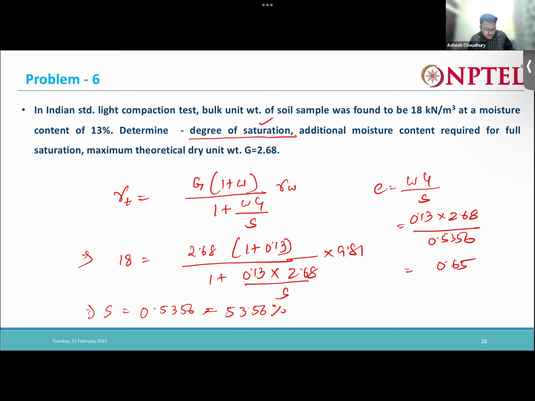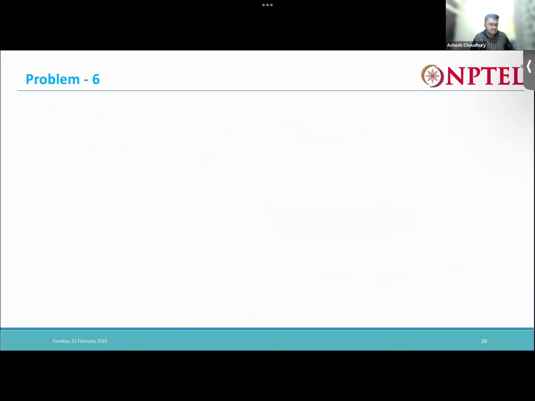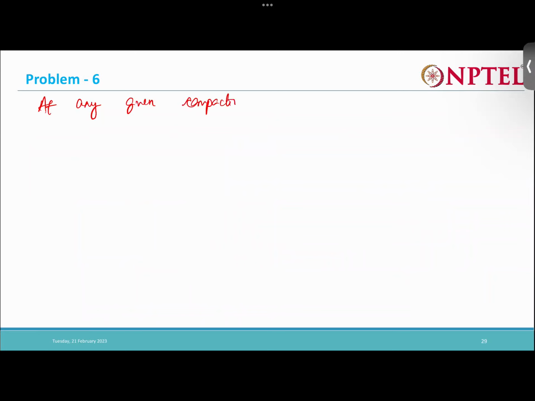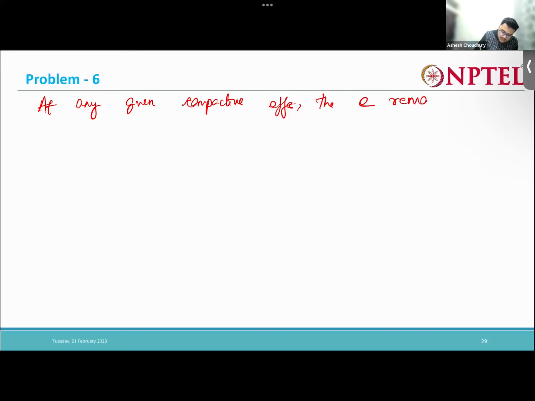Now the main conceptual thing comes. Always remember that at any given compactive effort, the void ratio e always remains constant.